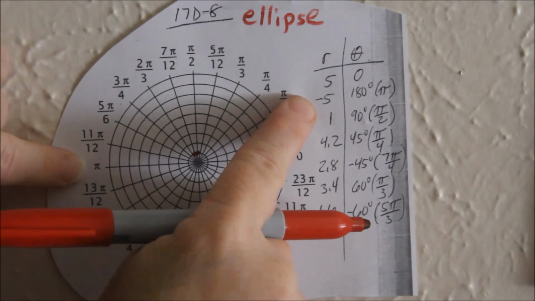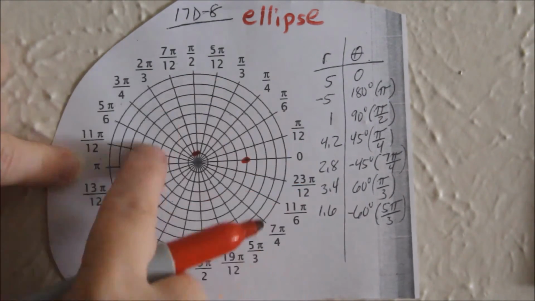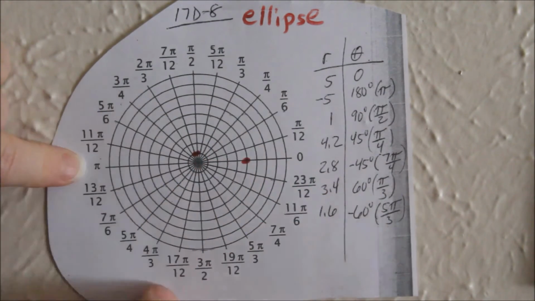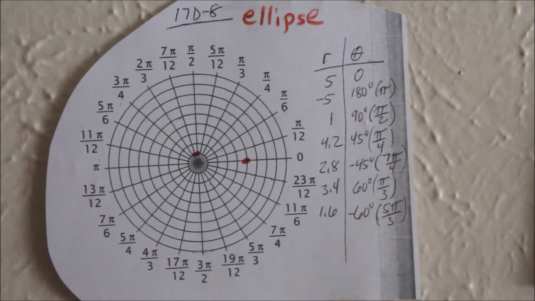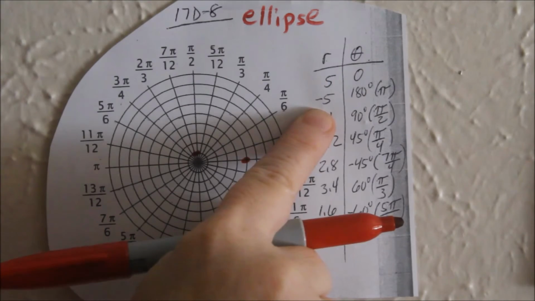This is why you don't want negative values for r. You only want positive values. All of these rings represent positive values. That negative means go in the opposite direction. In other words, if you're at 90 going in the opposite direction, you're going to hit 270. So you don't really want negative values, it gets too confusing graphing.